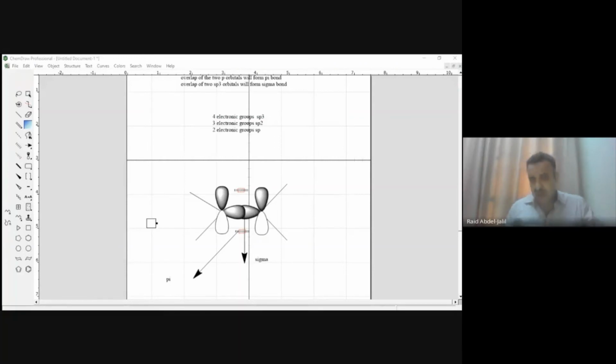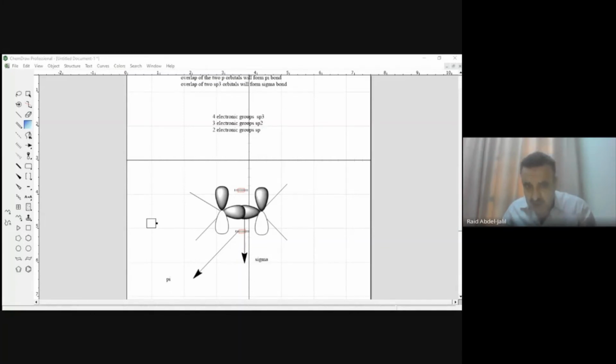All right. Now, we always said sigma will be stronger than pi bond. Why? Check the structure or the drawing carefully. The sigma has been formed by what we call head-to-head overlap, which means you can imagine the center of each carbon is the nucleus.